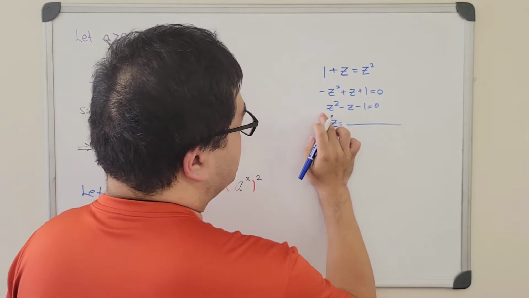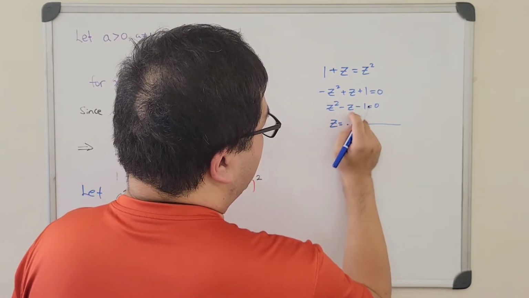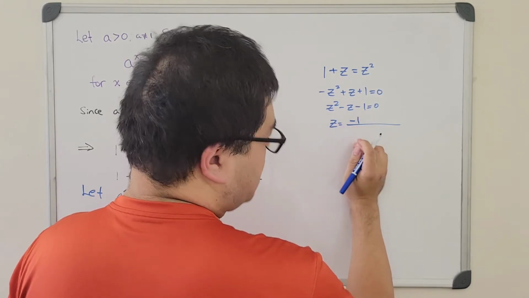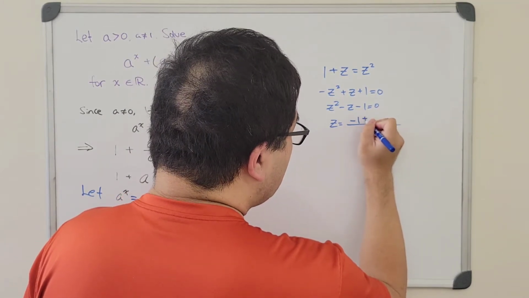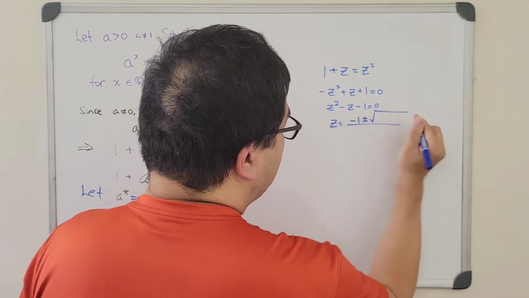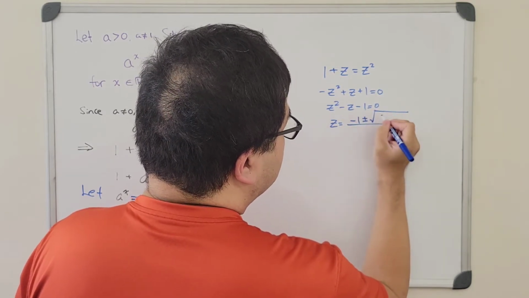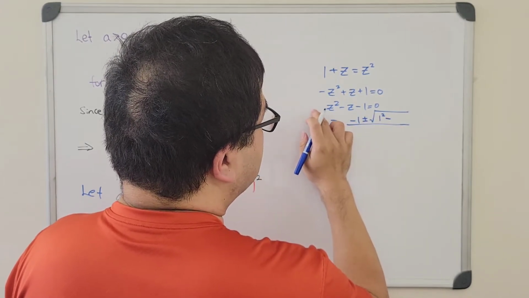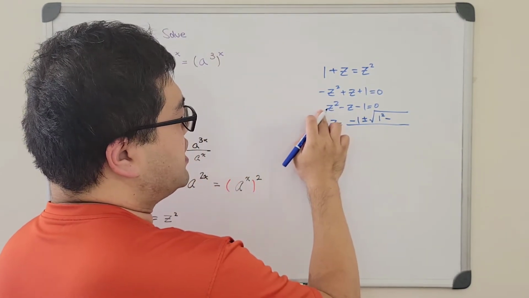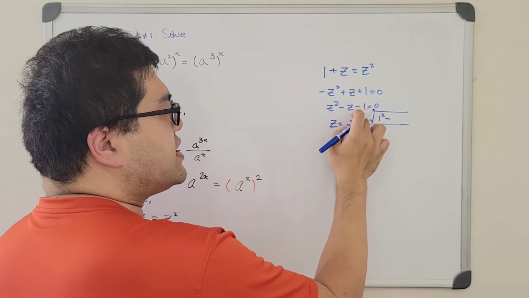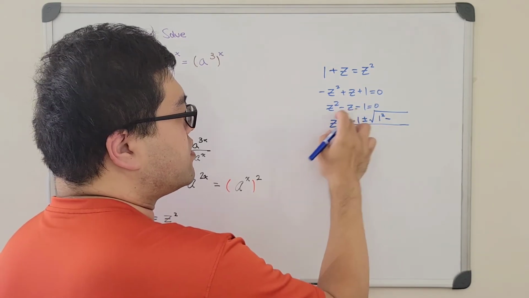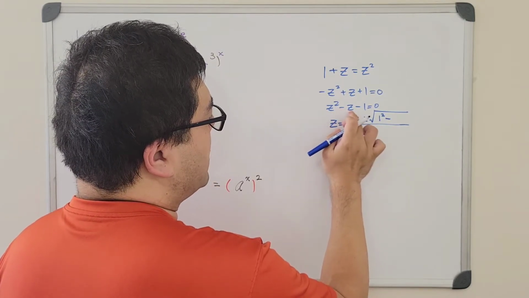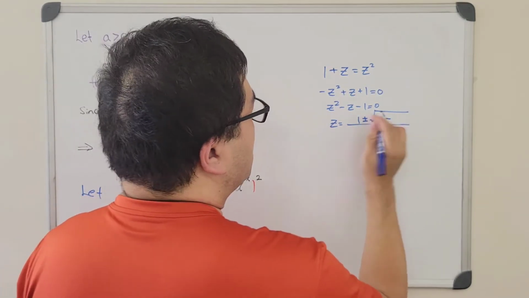So let's substitute it. So we have negative b, which is this, plus or minus square root of b squared, which gives us 1 squared, and then minus 4ac. Well, a is just 1, and then c is -1 here. Excuse me, this is actually b here, negative b is.